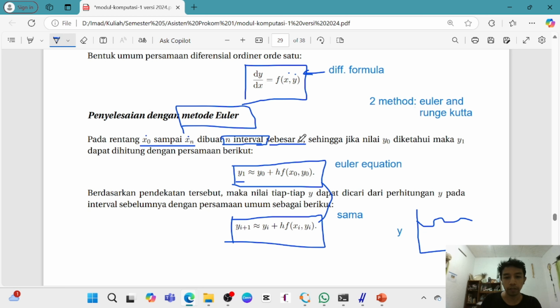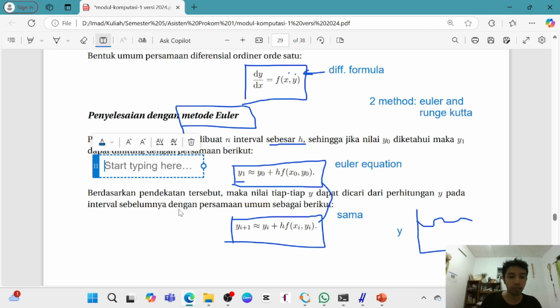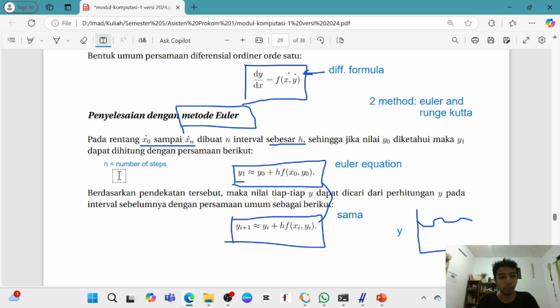Oh, n is the number of intervals, right? N is the number of intervals. Maybe I can write it like this: number of steps. Number of steps.